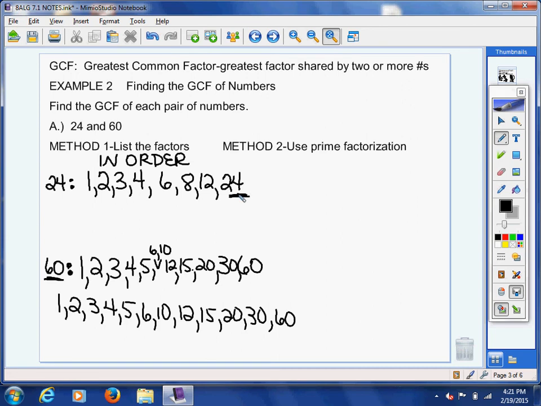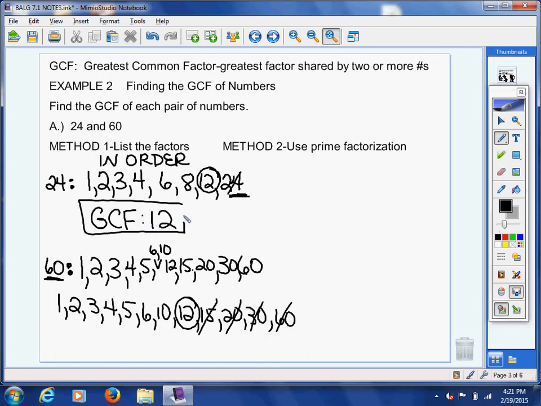So I don't see 60 in the other list. I don't see 30. I don't see 20 or 24. I don't see 15. Look what I found. Oh boy. 12 is the biggest number that's on both lists. 12 is a factor of 24. It's also a factor of 60. And this would be our greatest common factor right here.